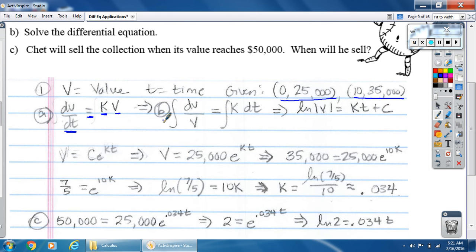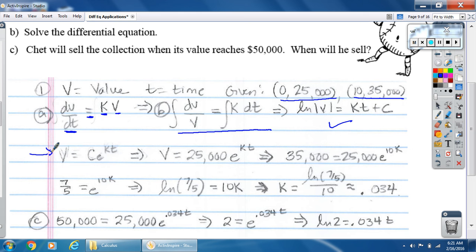And then in part B, I'm going to separate the variables, get the V's on one side and the K's on the other. Then I'm going to anti-differentiate on both sides. Remember, the steps are separate, integrate, solve for C, and then solve for K. In this case, I actually solved for V first by using log properties.